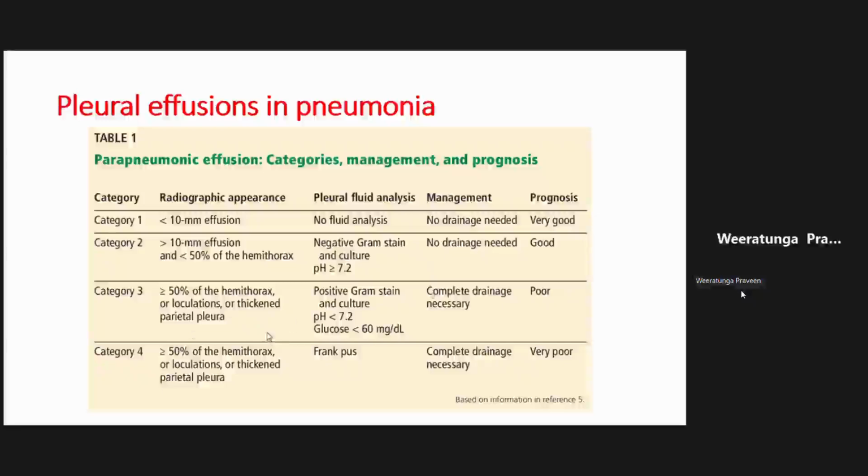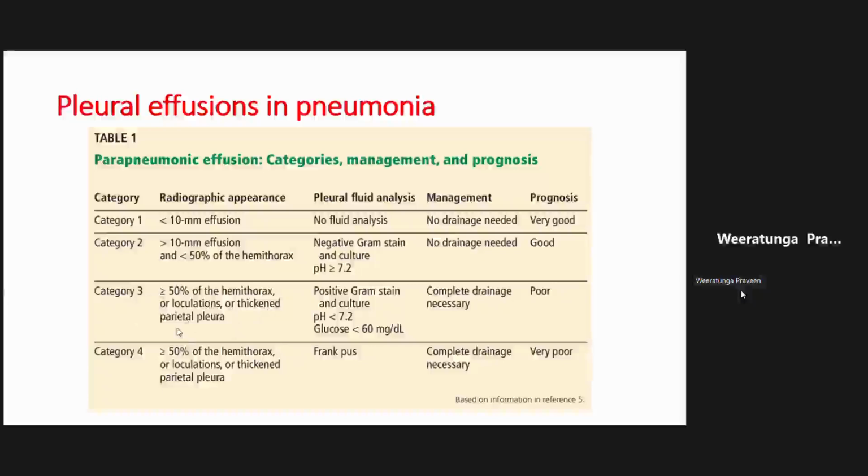So features of an empyema: they occur as a complication of pneumonia, where there is infection in the pleural space. Infection inside the pleural space is empyema. Now remember, these empyemas are often loculated.